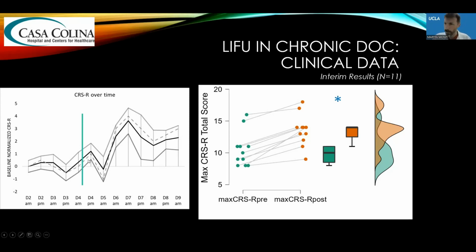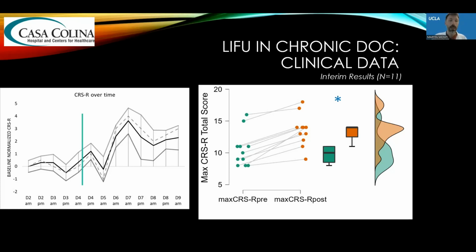But there it was just an incidental finding. So we see for the first 24 to 48 hours, our patients look like they're more tired and less responsive. And then in the next 48 hours, we typically see an increase in their behavior and an increase in the frequency of their behaviors. So we see this bimodal pattern, this initial dip, and then we see patients perform better than before.